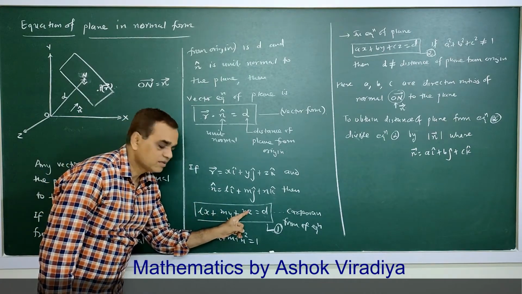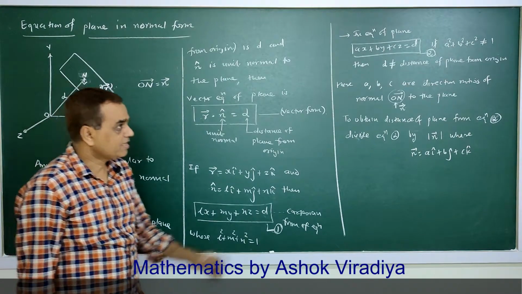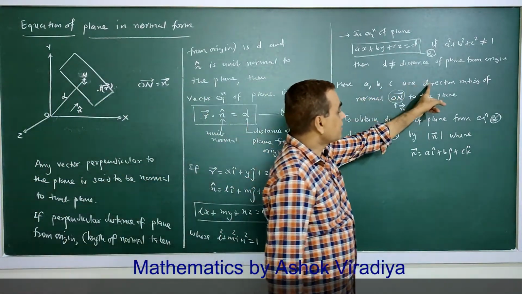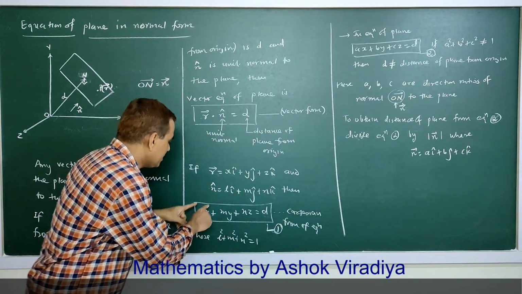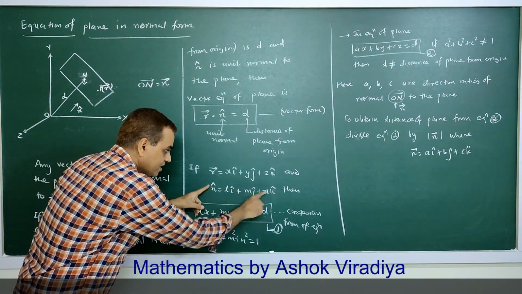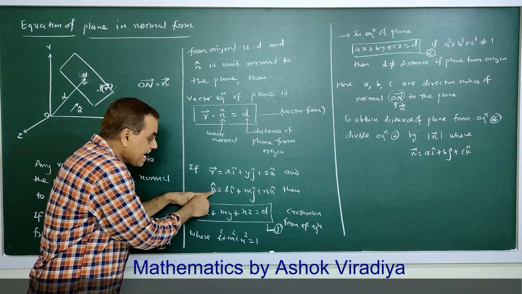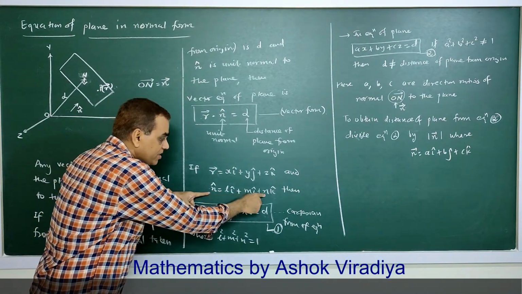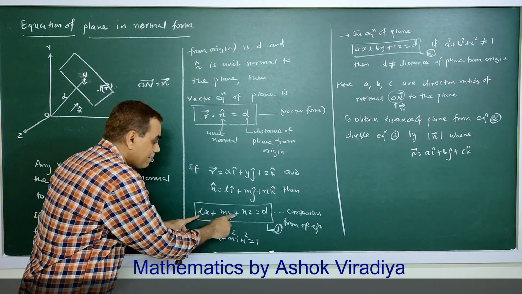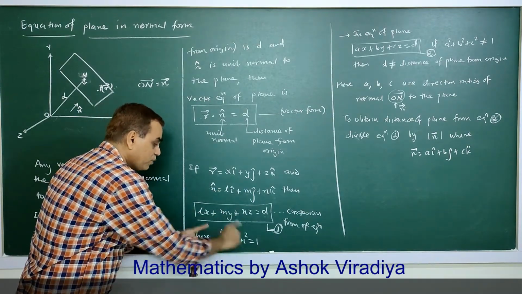These are direction ratios of the vector, and here A, B, C are direction ratios. L, M, N in this result are direction cosines. If n cap is Li plus Mj plus Nk, then L, M, N are direction cosines, because the sum of squares is 1.